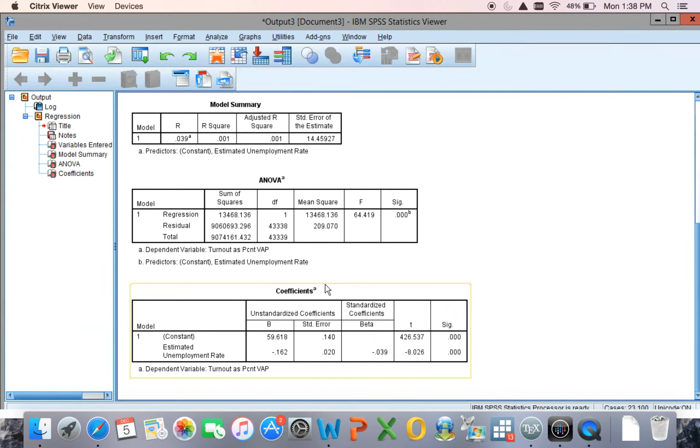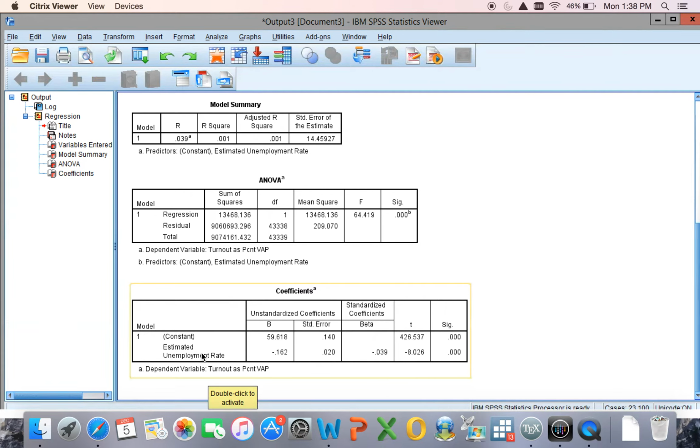In the coefficients box, you will need to interpret the beta coefficient on unemployment rate. We look at the unstandardized coefficients under B, and it's a negative 0.162. It is significant at the 0.05 and 0.01 level, so with the sig of 0.000, it's well above 99% significant.